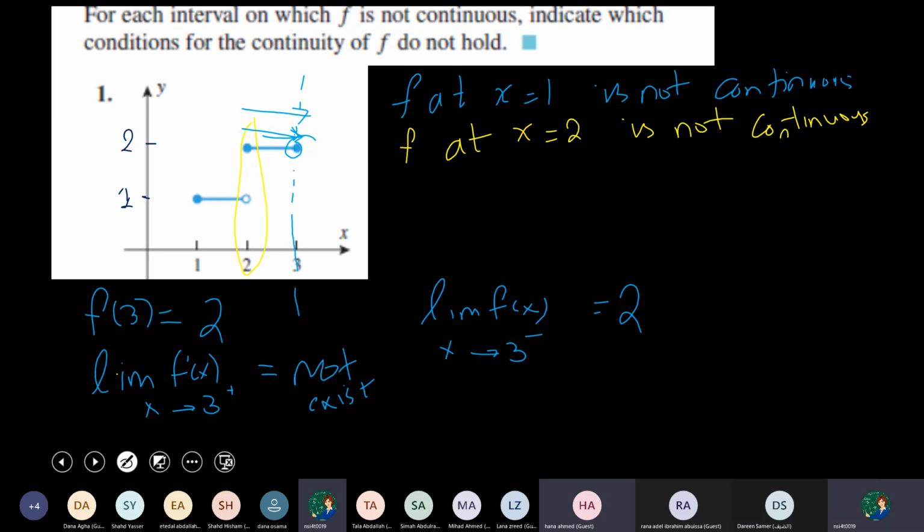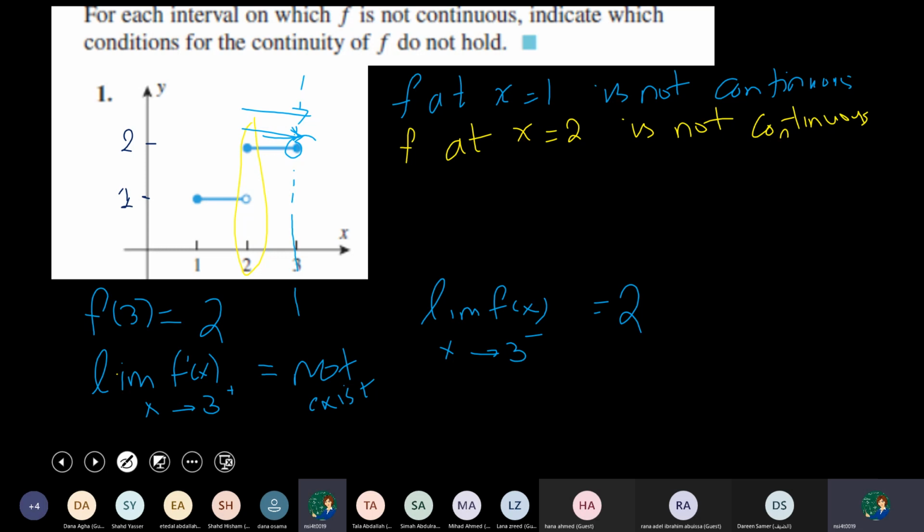One-sided, thank you. Because here, the limit is only one side. Every time, if you see that a limit is only one side, the function is not continuous. The limit must be a two-sided limit, and equal, and also equal the value of the function.